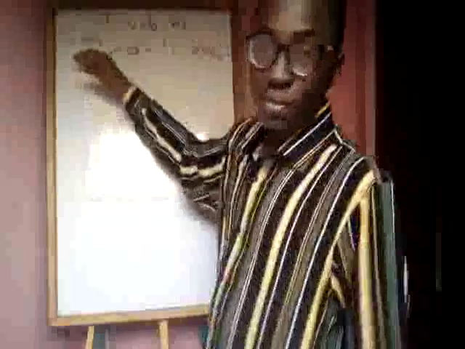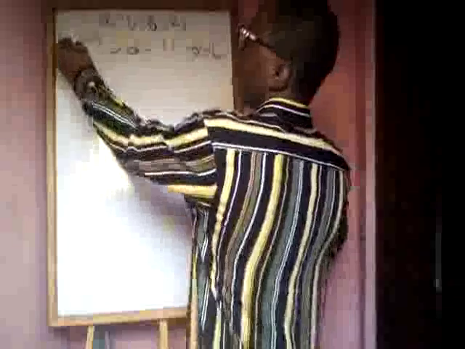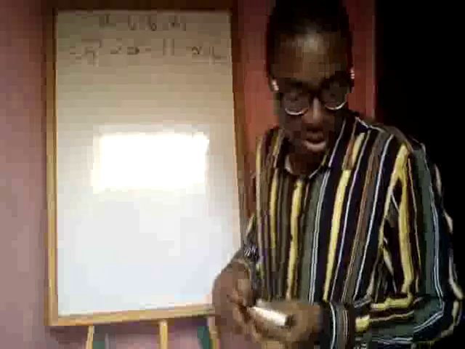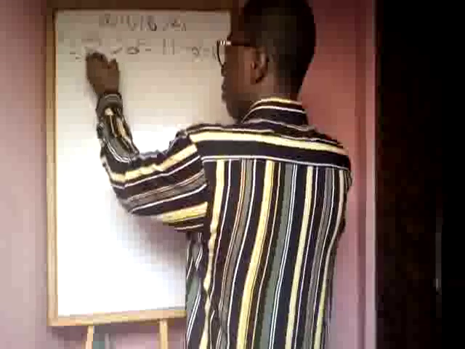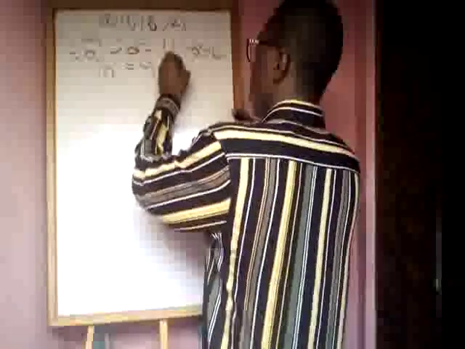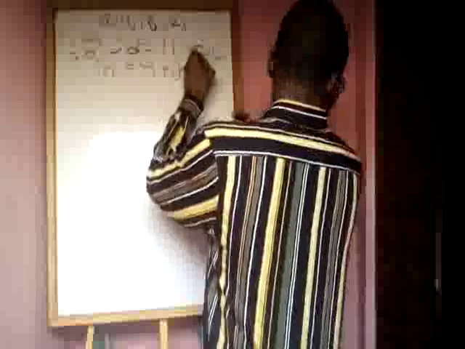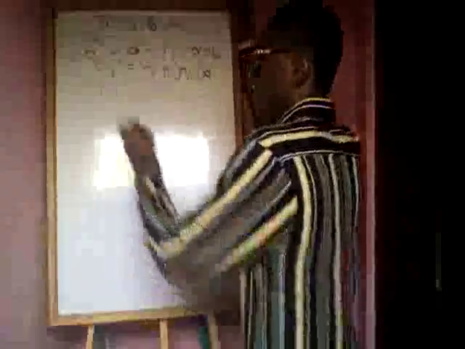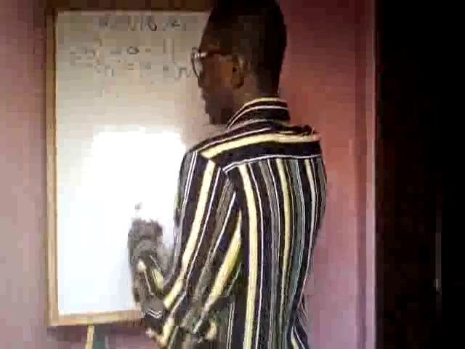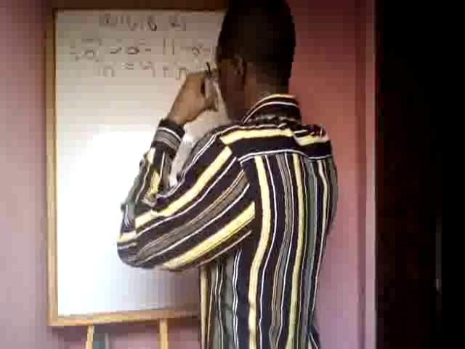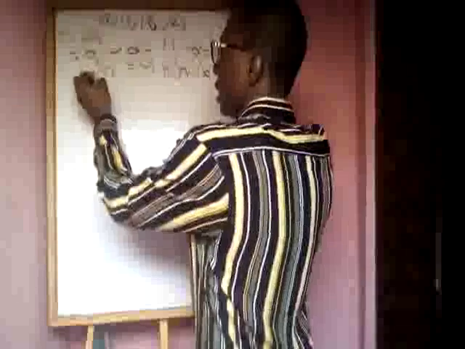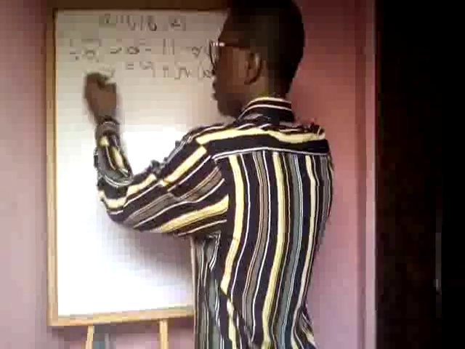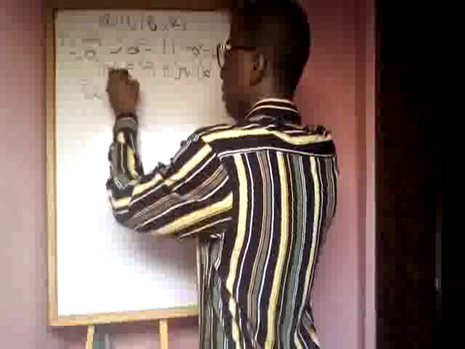So now let's move on. We have the first term, which is 6, and then the common difference is 4. Now we are looking for the 40th term. So in general, Tn equals a plus (n minus 1) times d. In this case, we have n as 40. So the 40th term, T40, equals a, which is 6, plus (n minus 1).